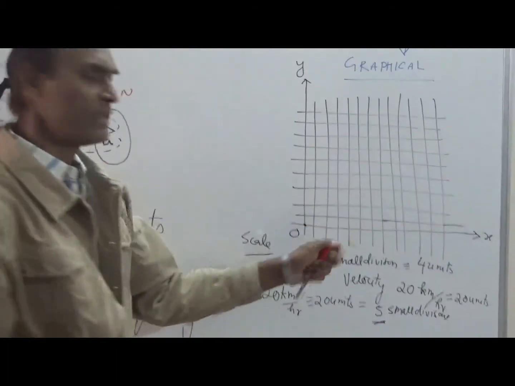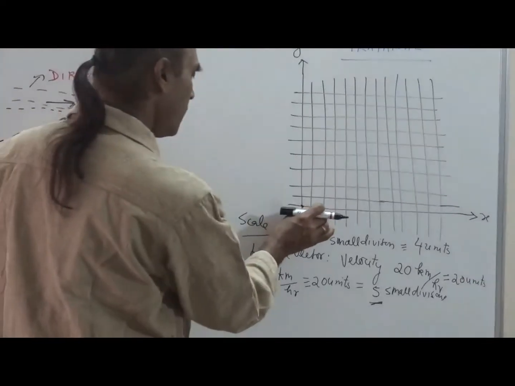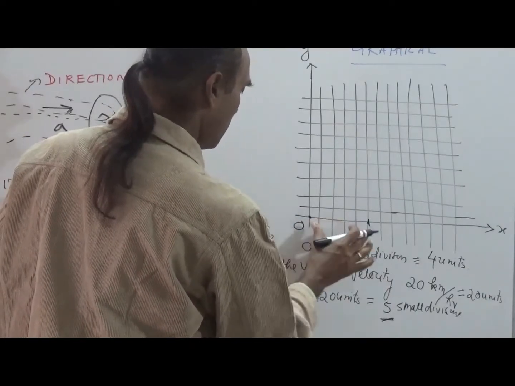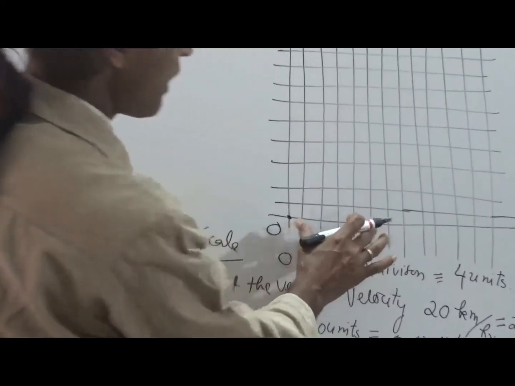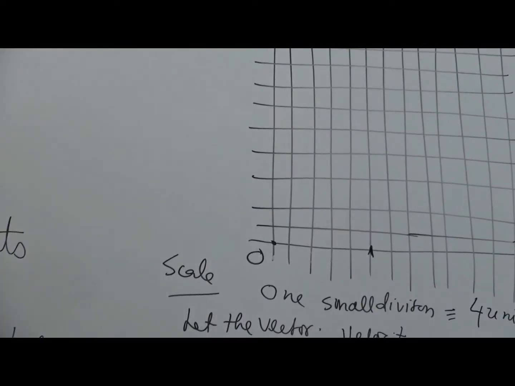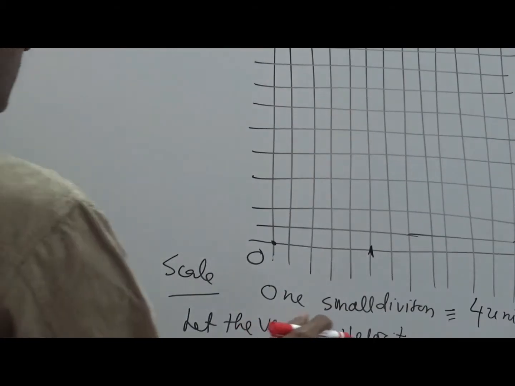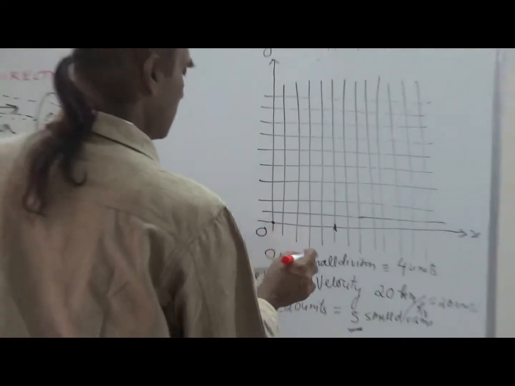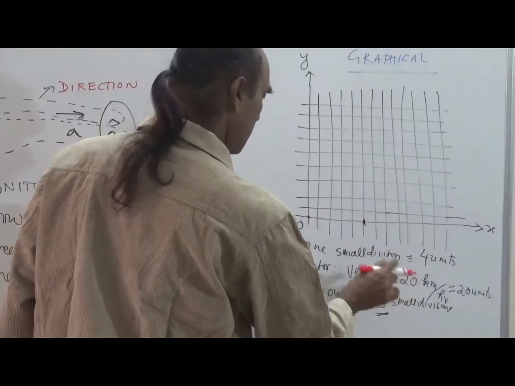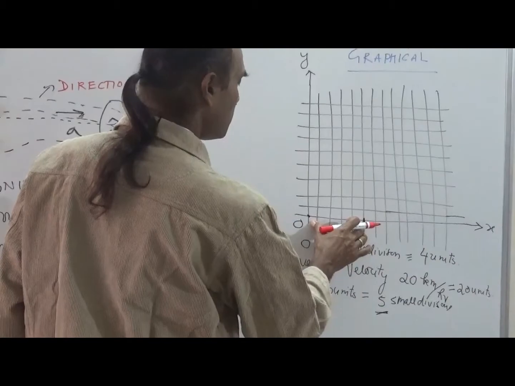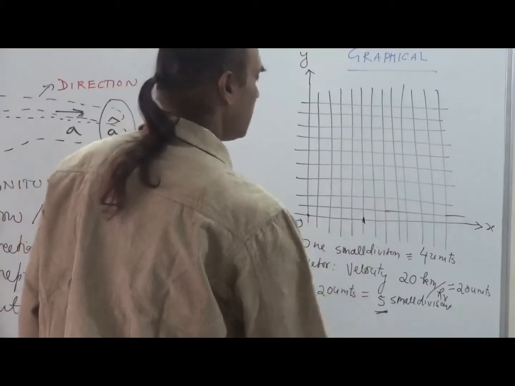This means that if you take 1, 2, 3, 4, 5, this segment of the graph paper will represent the magnitude of the velocity vector. So the velocity of 20 km per hour can be represented by 5 small divisions of the graph paper along the x-axis.